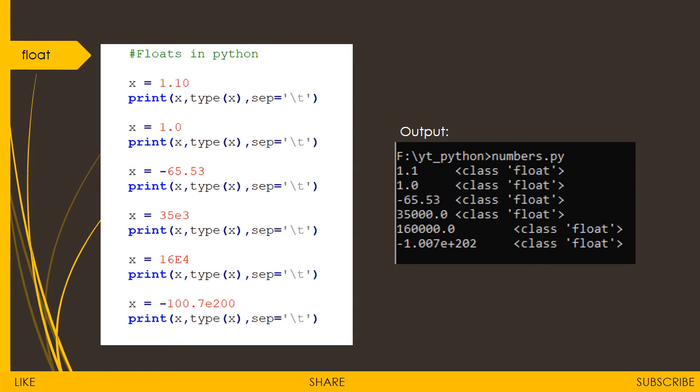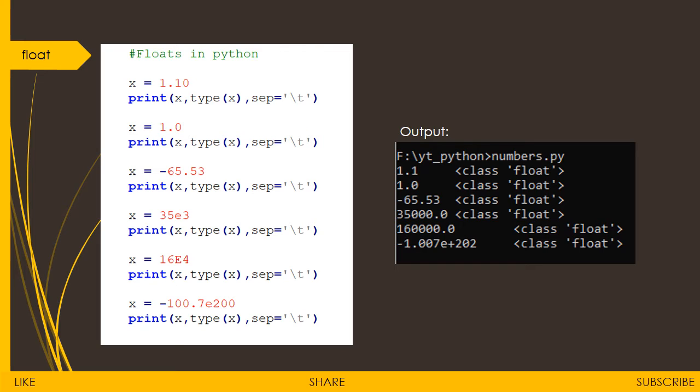We can use e to show the base of 10 in float. Now we have 35e3, which means 35 into 10 raised to 3, which gives us 35,000.0. It is a float value. You can use capital E for that too.